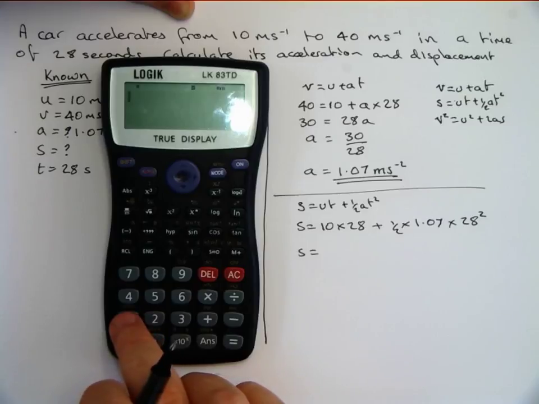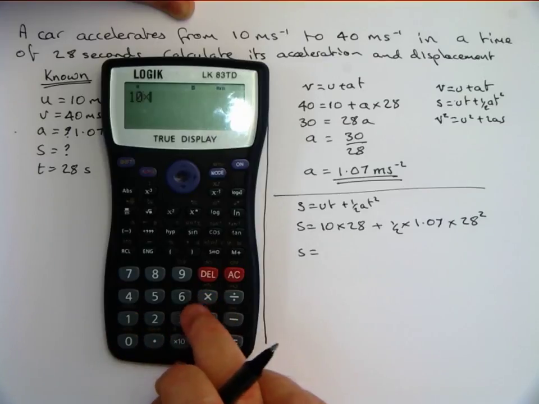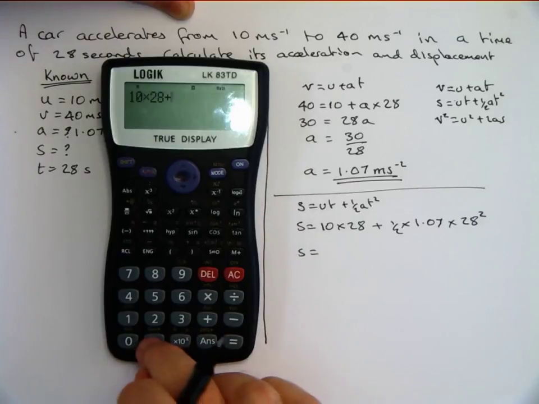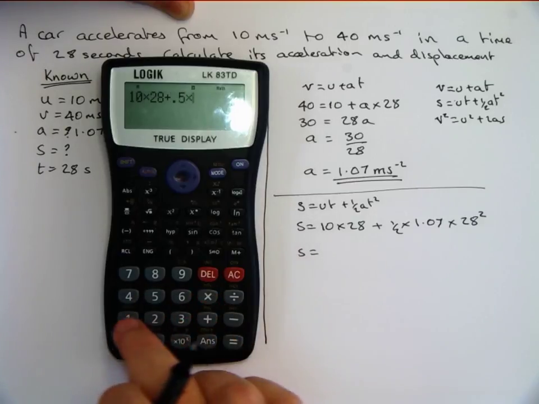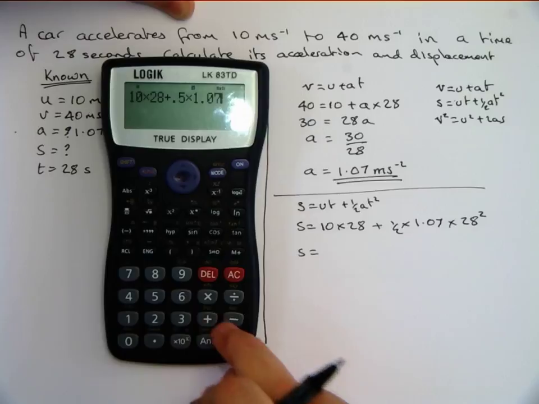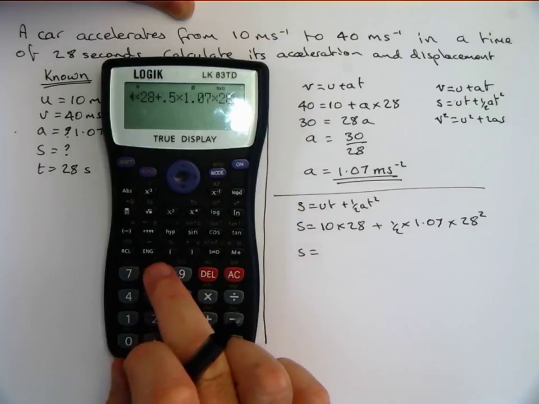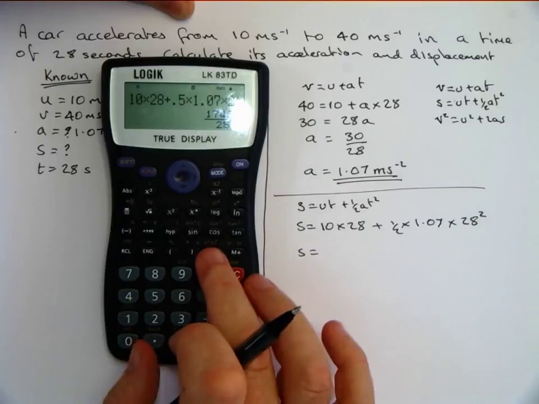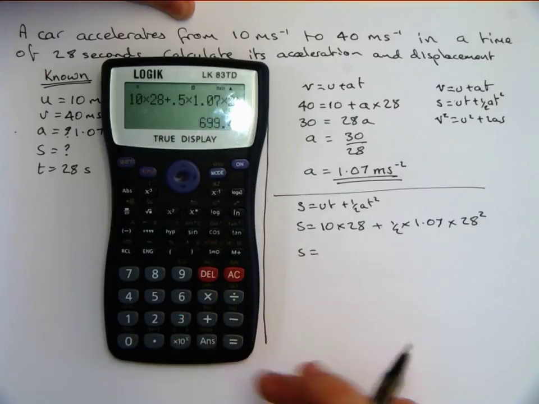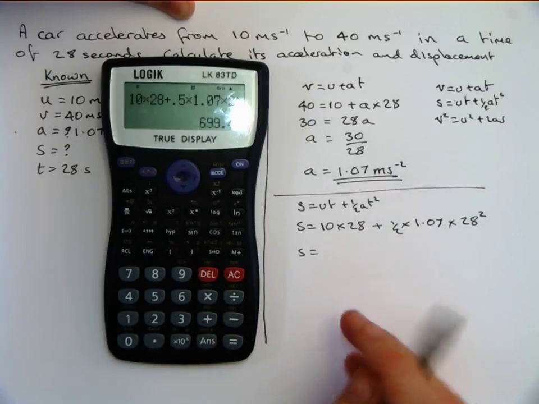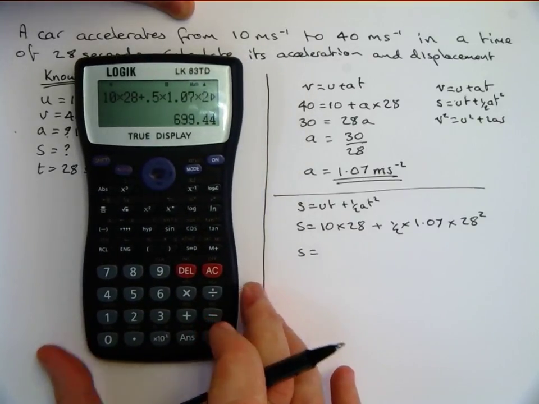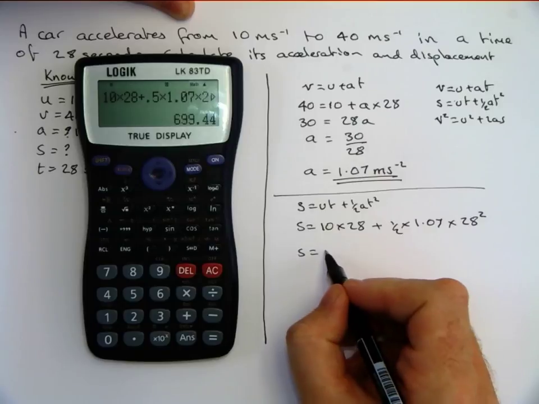So it's 10 times 28 plus 0.5 times 1.07 times 28 squared. And that equals that lot, which is 699.44. Let's put 699.44.